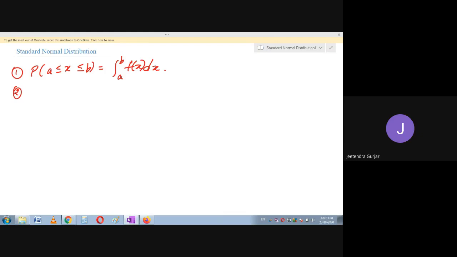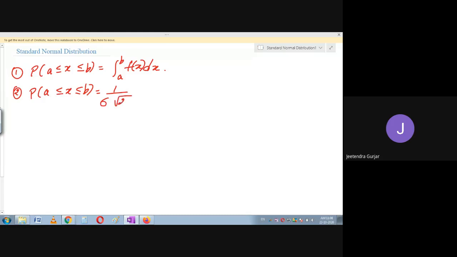Second, for normal distribution we have to remember a very important formula, students. Please remember it, as it is helpful to solve the example. I think in the previous lecture I have given this formula, so once again I will recall it in the beginning of the class.